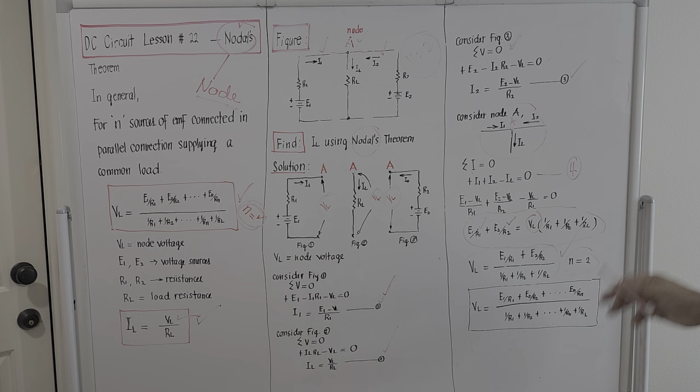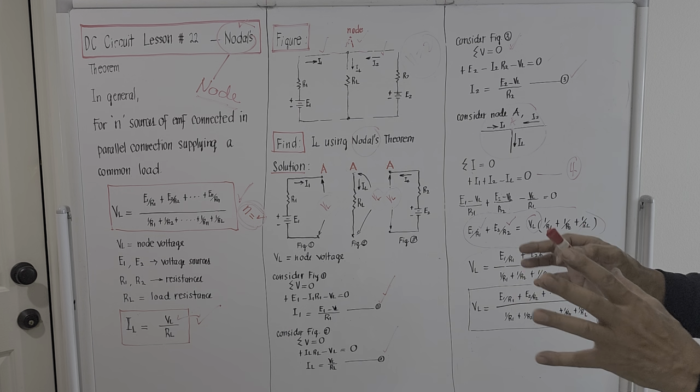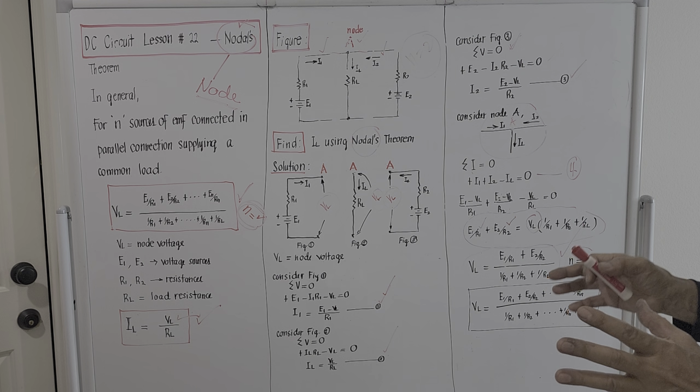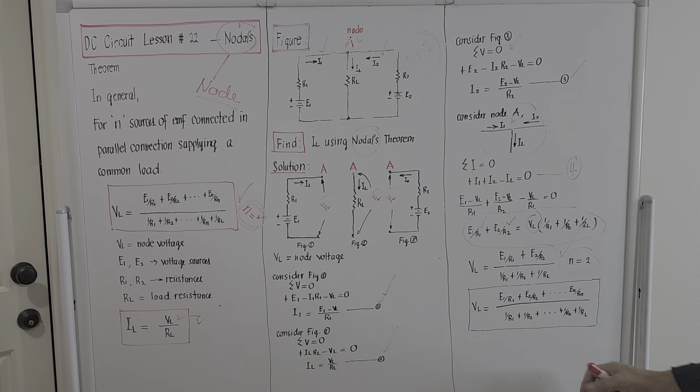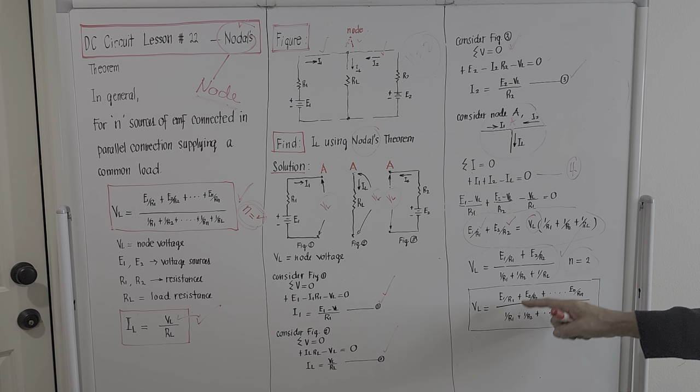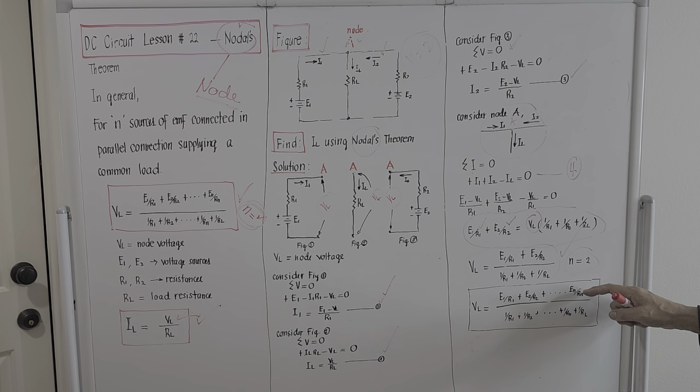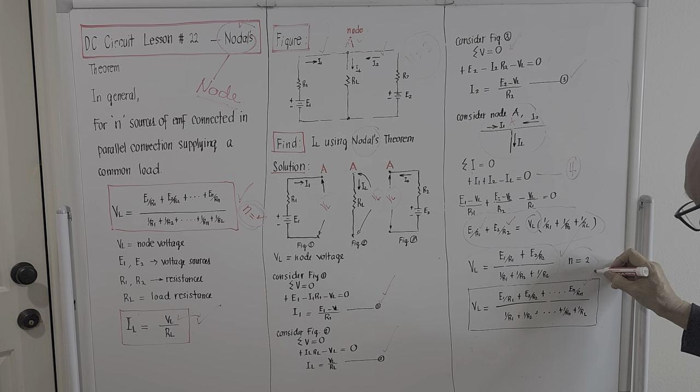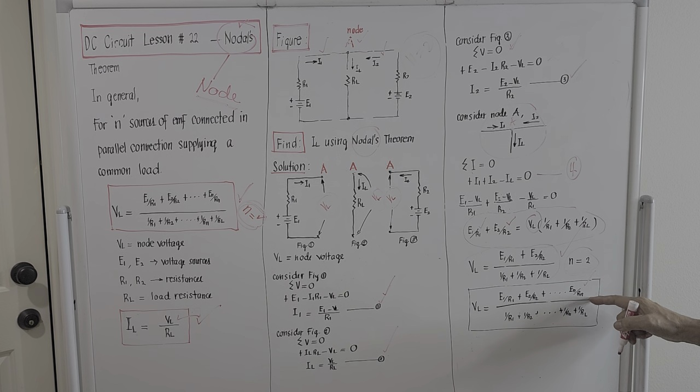So if there are voltage sources which is greater than 2, it could be 3, it could be 4. The general equation now on how to compute for the node voltage will be given by this one. It will be E1 over R1 plus E2 over R2 plus the last part here will be En over Rn. Okay? So this is a general equation now.